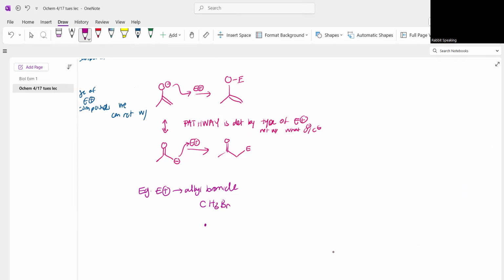Your carbon is there, attached to a Br. Remember, Br is more electronegative than carbon, so electron density is pulled toward it in the overall dipole. So this is more negative, this is more positive, and our electrophile is the carbon specifically here.